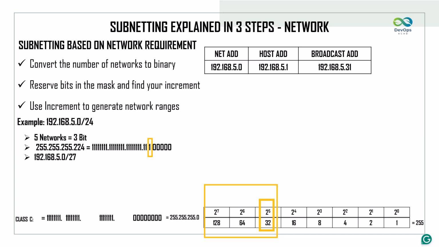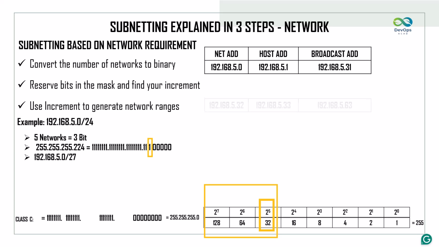So the addresses between the network and the broadcast are what you refer to as your host addresses. So if my increment is 32, my usable IP addresses from this network will be from 1 to 30, which means I can assign 5.1 to a system up to 5.30, right? Remember, we need 5 networks, right?